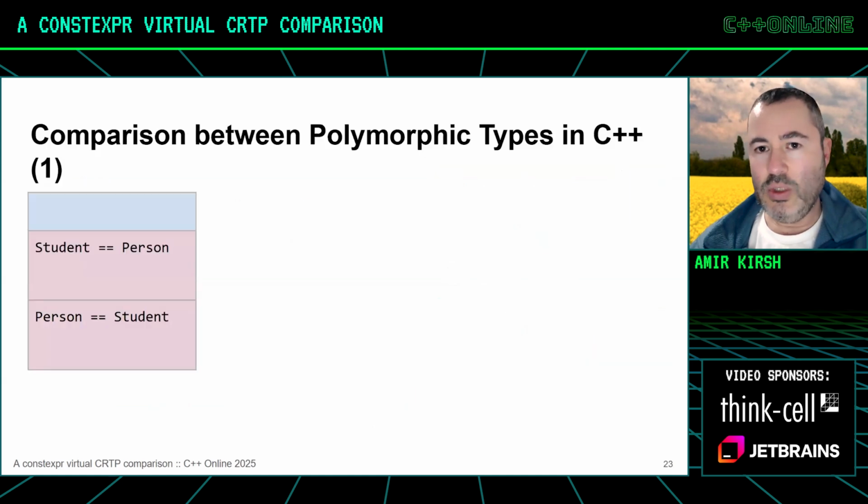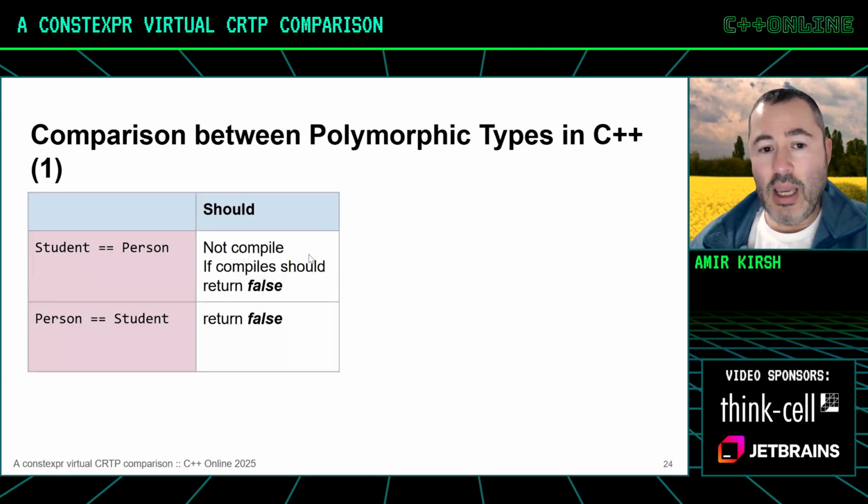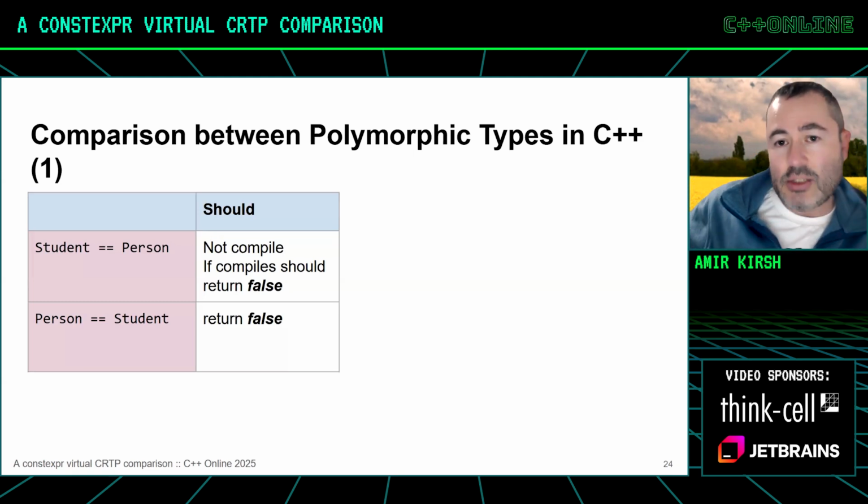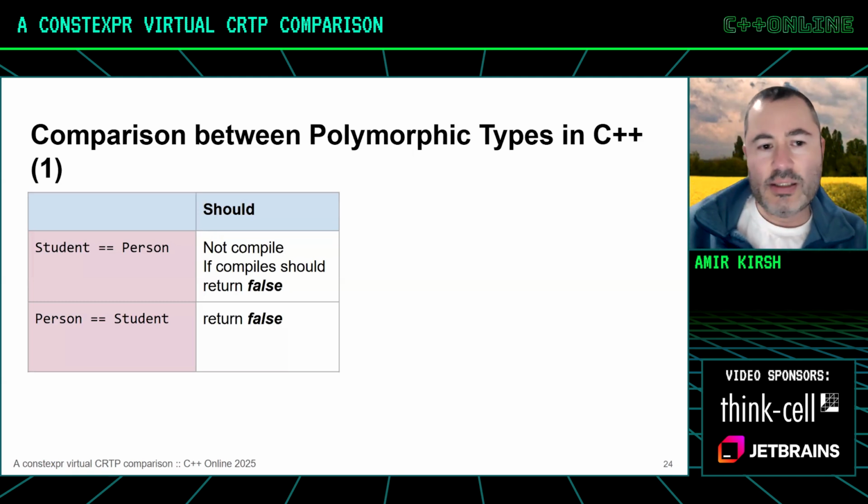Let's summarize what we saw. Comparison between polymorphic types: we have a student and a person on the other side, or a person and a student. I would say that it should not compile, or if it does compile, let's assume that, oh, it compiles because student can take, maybe student can take a person.